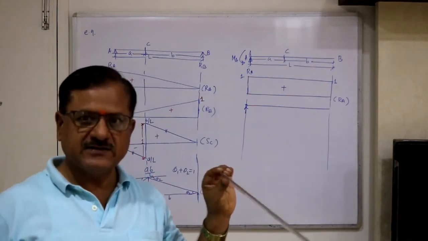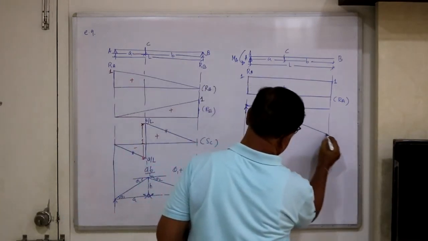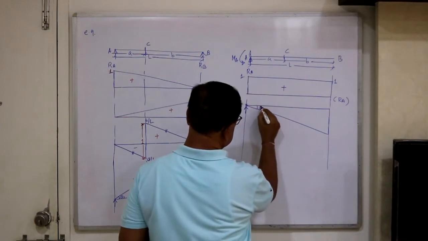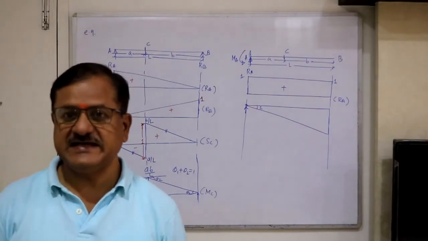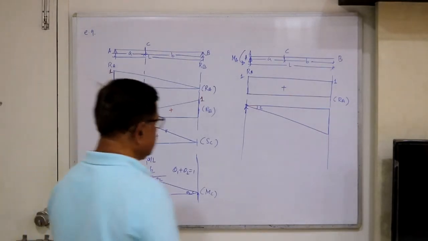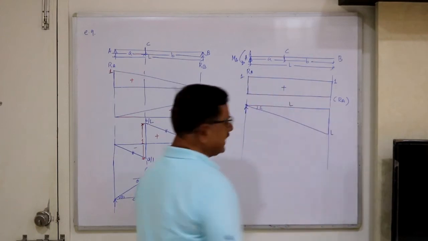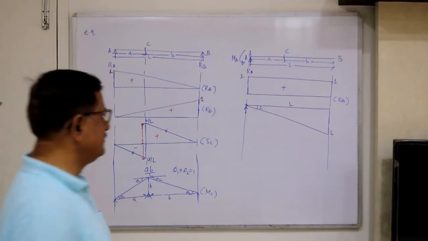So it will come down, and if you want unit rotation, 1 radian, then if this is L, this must be L. To have that unit rotation, the height must be equal to the base.